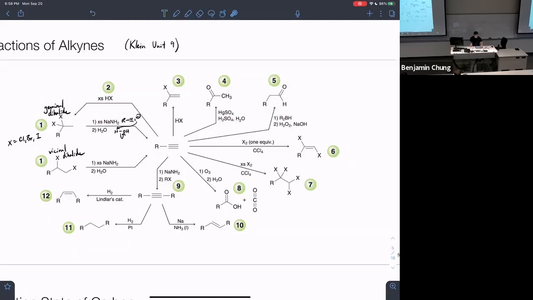And then we can do the reverse reaction, which is called a hydrohalogenation. Basically, hydrogen and halogen are being added across the triple bond to give you back the geminal dihalide.